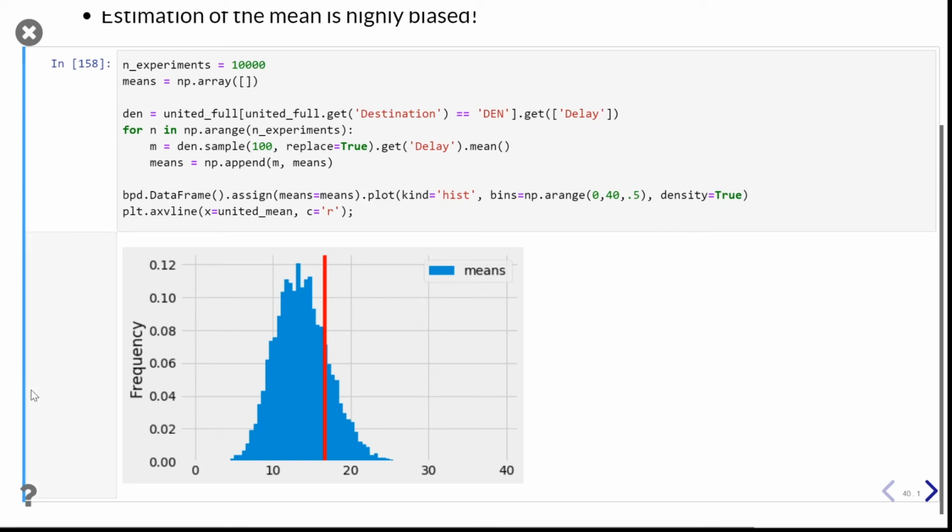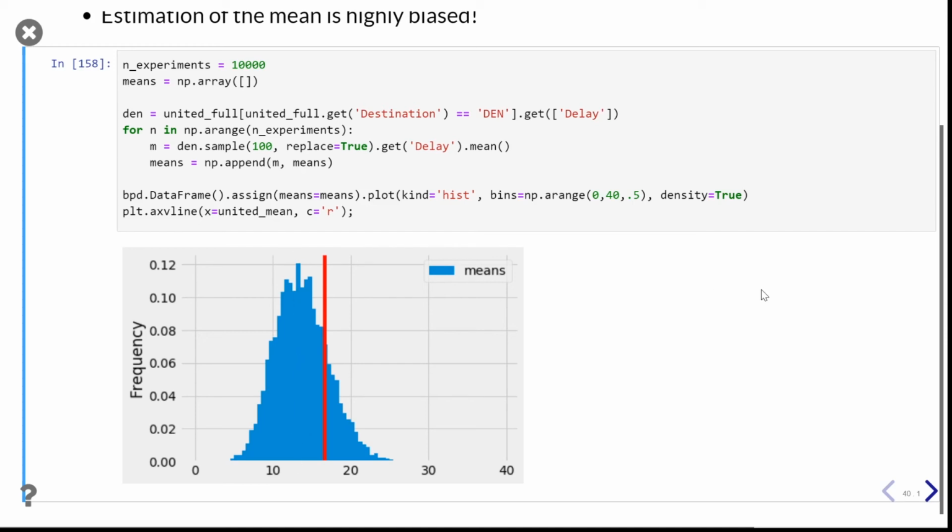But what I see here is that the distribution for delays to Denver is skewed, it's biased. It's most likely that the delay is around 12 or 13 minutes. And if I increase the size of my sample, this histogram is going to get narrower, but around the incorrect value. It's going to get narrower around like here.